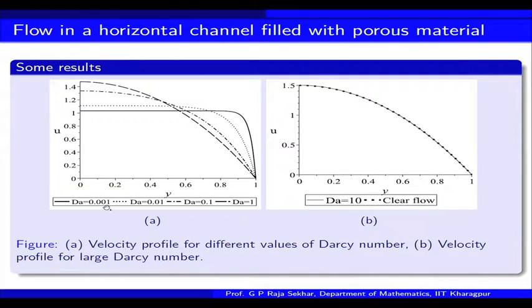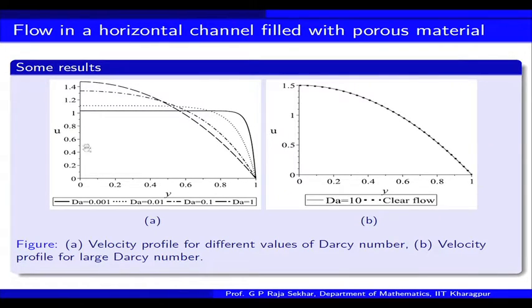This represents a low permeability and this represents a high permeability. If the permeability is less, the resistance is more, so the velocity will be less. You can see the velocity is less, and moreover the plate is here, because y equals 1. Here the viscous effects are more, so the velocity is low compared to the center of the channel.